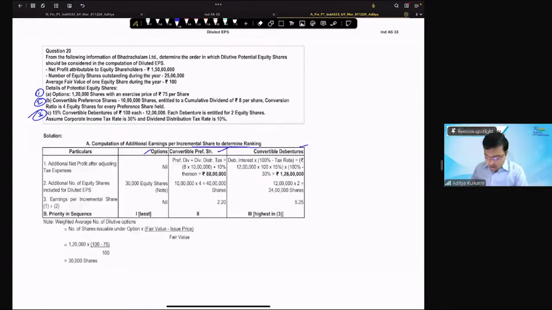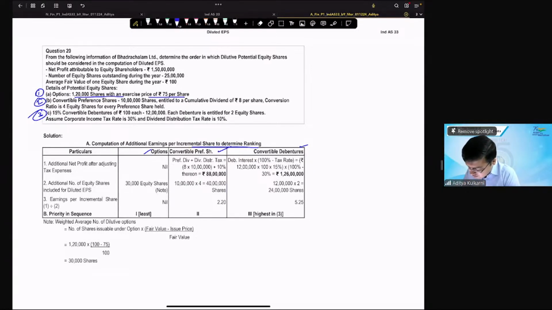Okay. So now when I talk about options, how many shares can I get? 1,20,000 shares with an exercise price of 75 per share. So I have to calculate what are the potential equity shares which are present.